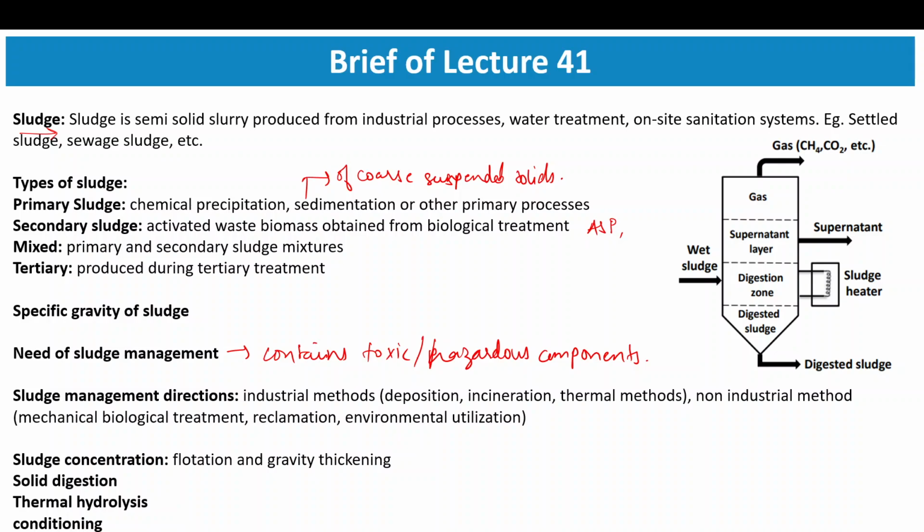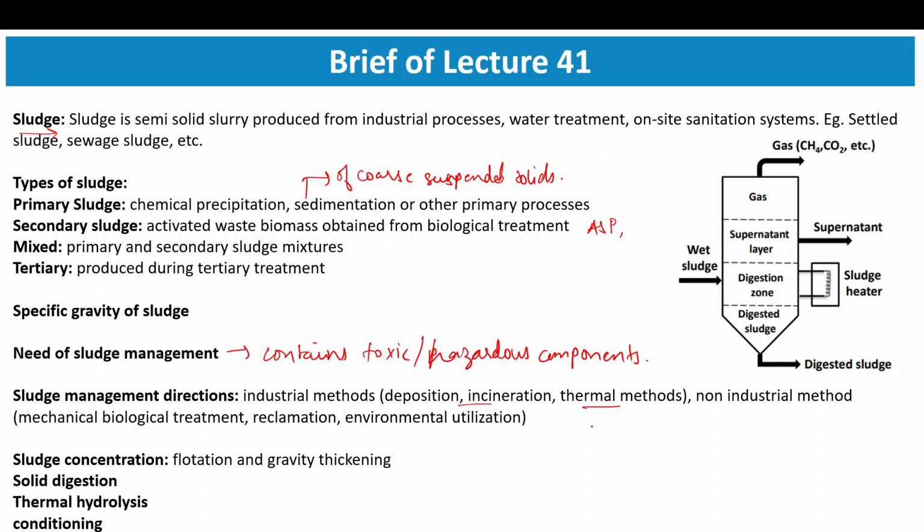So what are the methods for sludge management? Firstly, there can be two types of sludge. If it is hazardous, then we need to take care of it with some industrial methods, say for example, incineration or thermal methods.